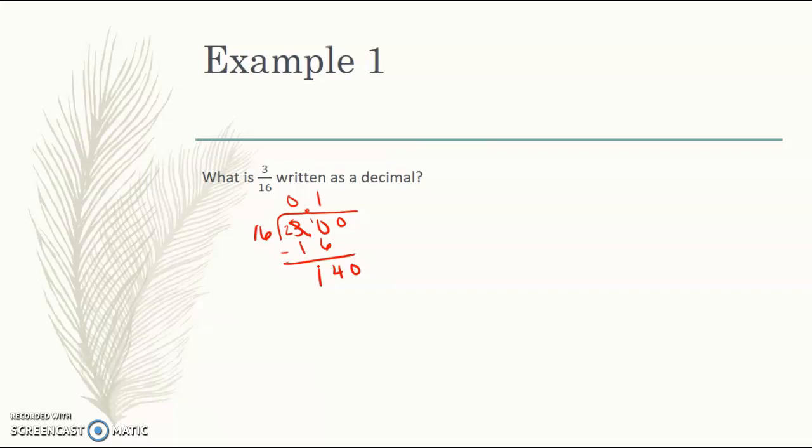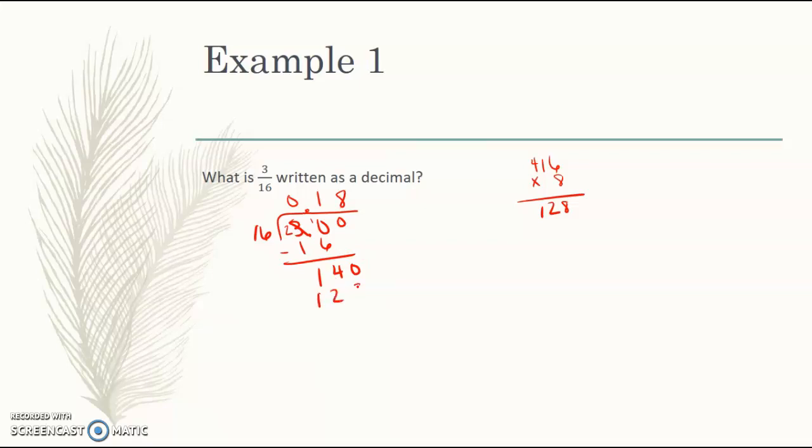I've already worked this out, so I am pretty sure it's an 8. So we're going to do 16 times 8. And 8 times 6 is 48. 8 times 1 is 8, plus the 4 is 12, so we get 128. If I add 16 to that, that's going to bring us above the 140. So I know that is 8.